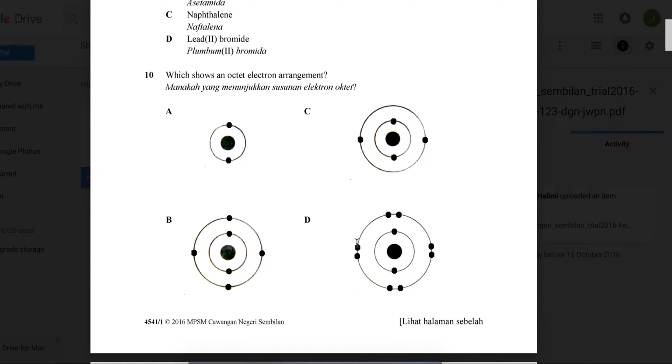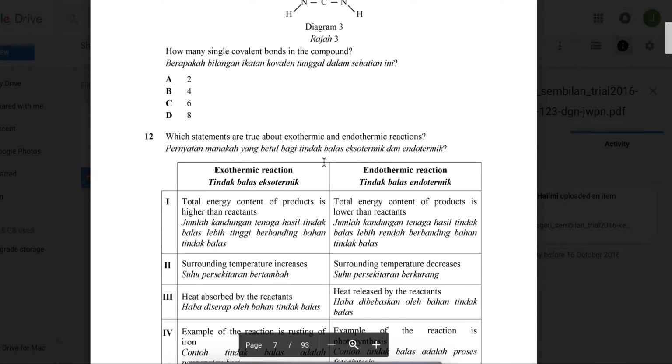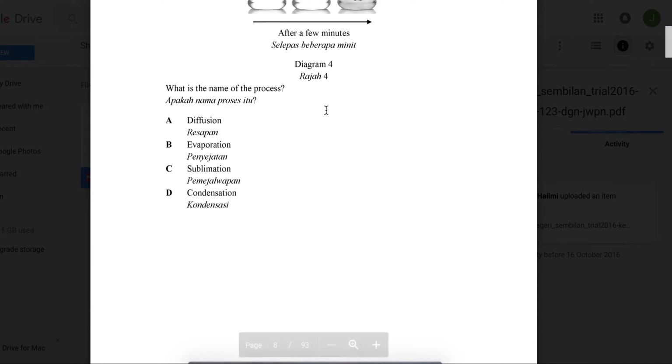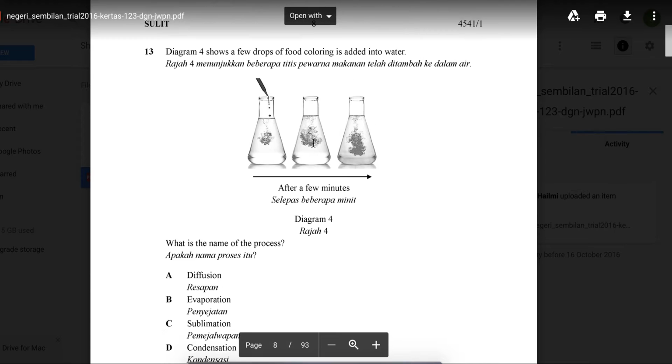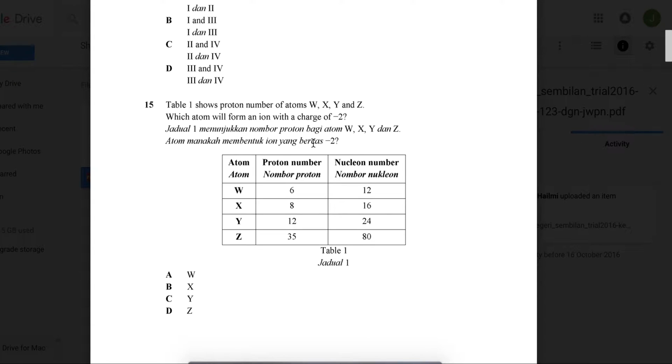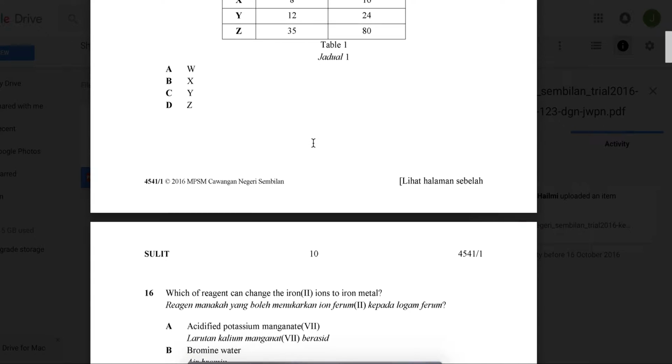What about this? 1, 2, 3, 4, 5, 6, 7, 8. 8 electrons in the valence shell. This is an octet electron arrangement. The answer is D. So easy. None of this is from chapter 4. This is chapter 5.